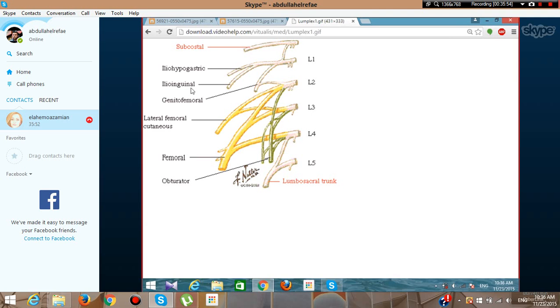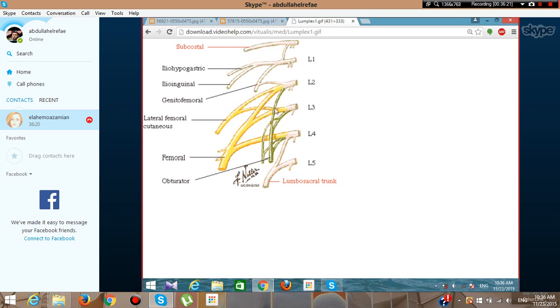Then from L1, L2, you get a branch which is called genitofemoral nerve. I will show you later. This nerve is split into two, genital branch and femoral branch.